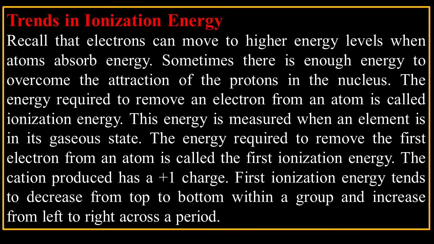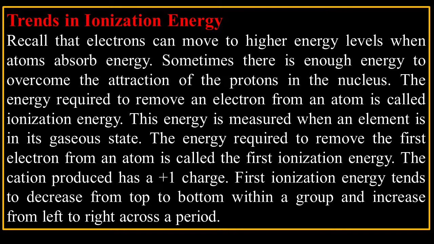Recall that electrons can move to higher energy levels when atoms absorb energy. Sometimes there is enough energy to overcome the attraction of the protons in the nucleus. The energy required to remove an electron from an atom is called ionization energy. This energy is measured when an element is in its gaseous state.